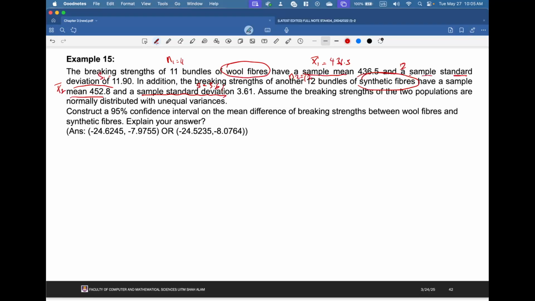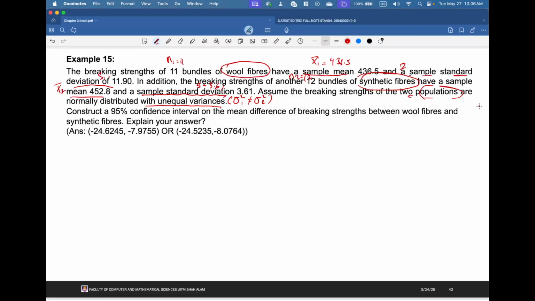Assume the breaking strength of the two populations are normally distributed with unequal variances. This is the information given to us to highlight which formula we need to use. So we write it in symbols: mu1 not equal to mu2, with the two populations normally distributed, and population variances unequal. We are talking about the variances of the population, that's why we use the symbol sigma.